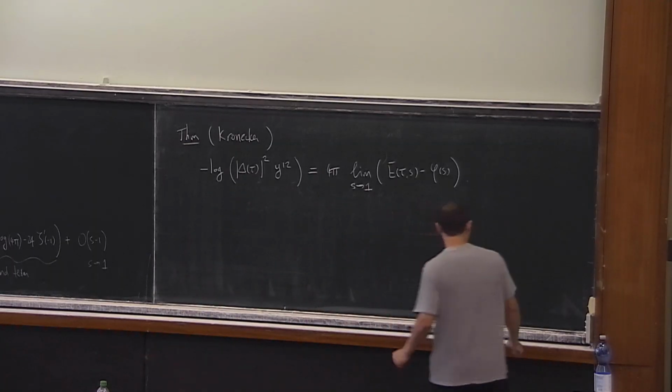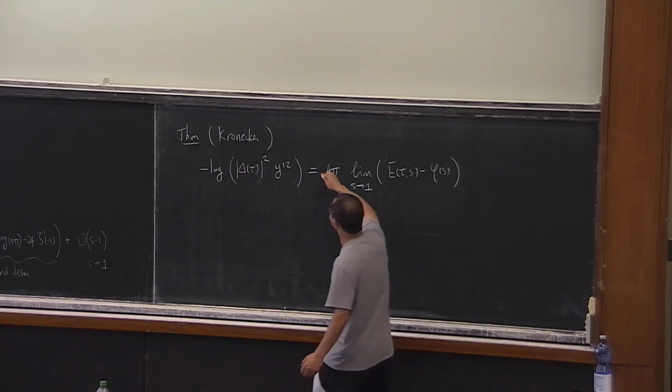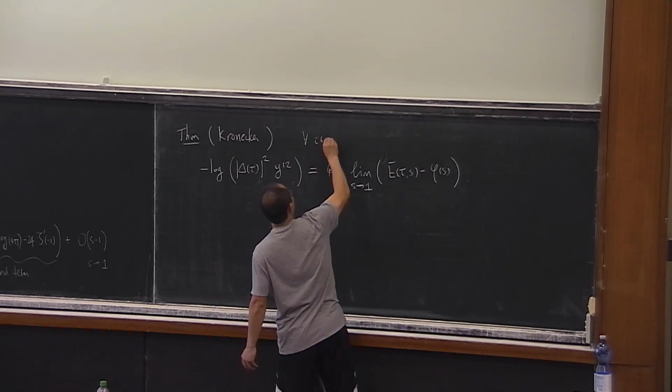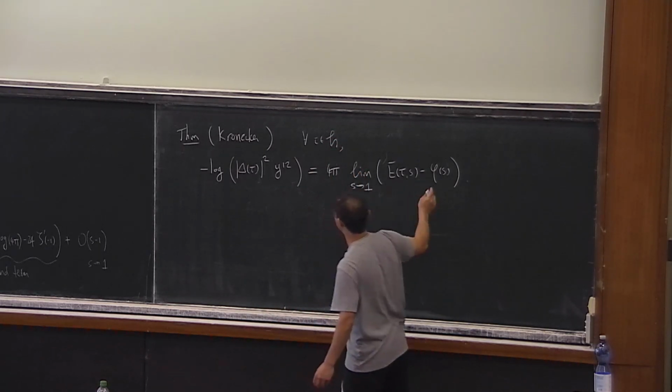So it is pretty surprising that this formula works for any tau, not just CM points, any tau. We have this formula.